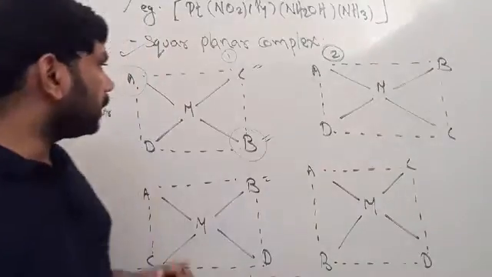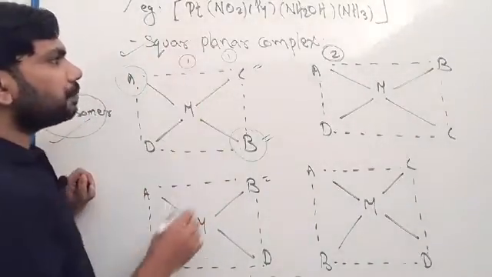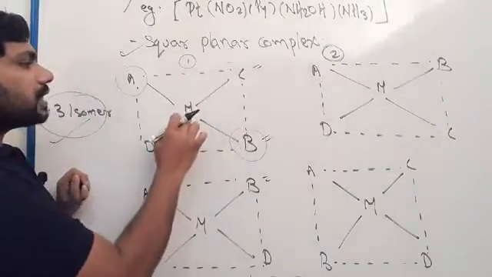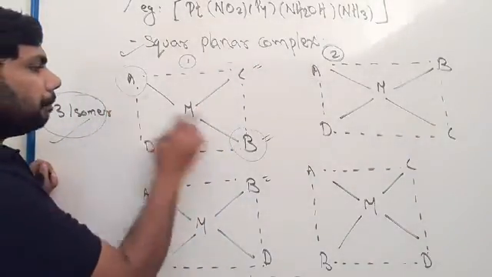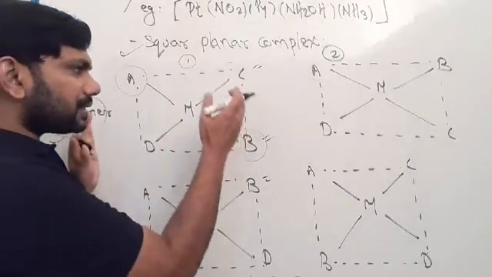Clear? Now see here, this is one type of arrangement. Here is the central metal atom with A, B, C, D. This is one set.